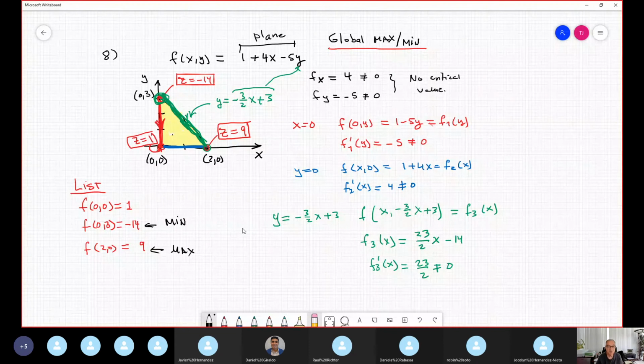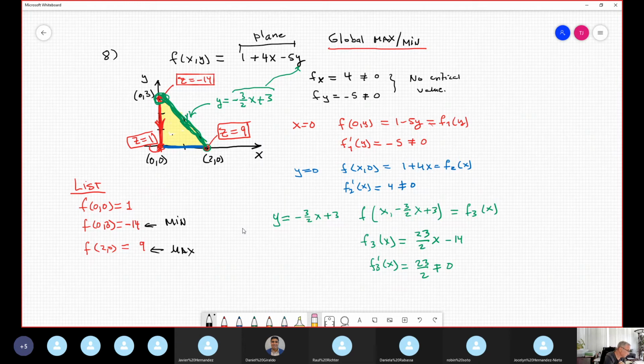Well, see, the function is not a plane. It's a curve. Entonces more complicated, because when you travel along the boundary, maybe you have a local max, local min. Maybe.